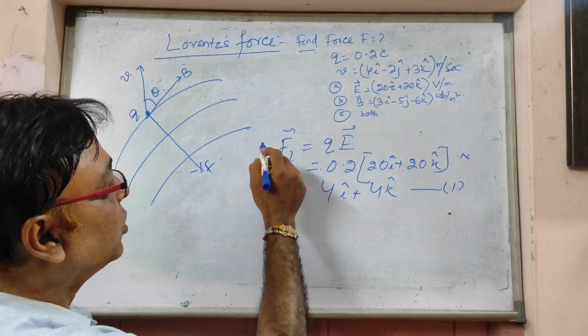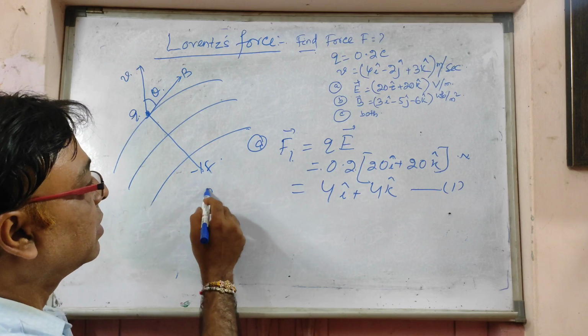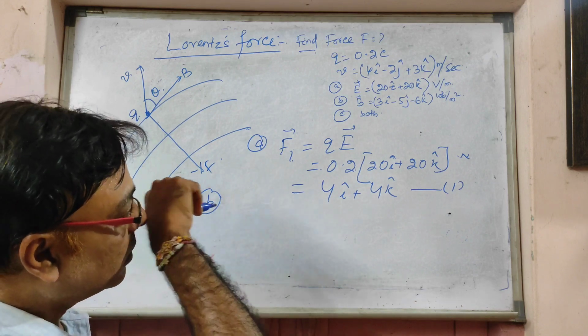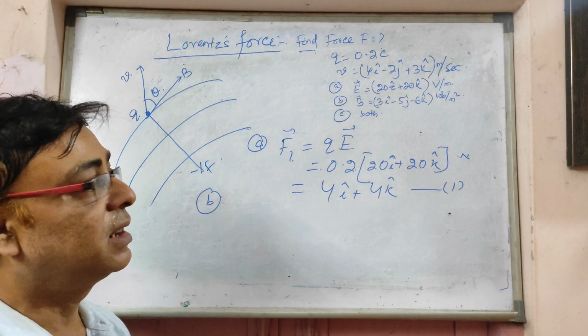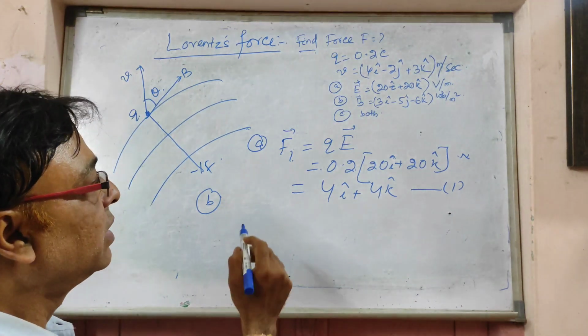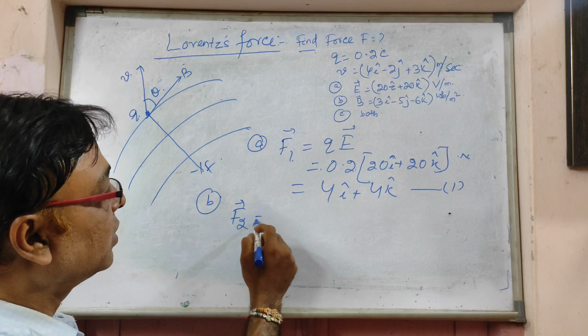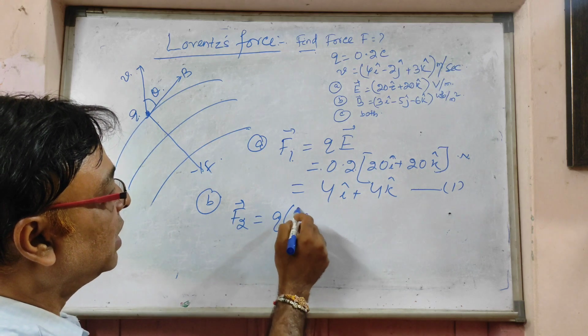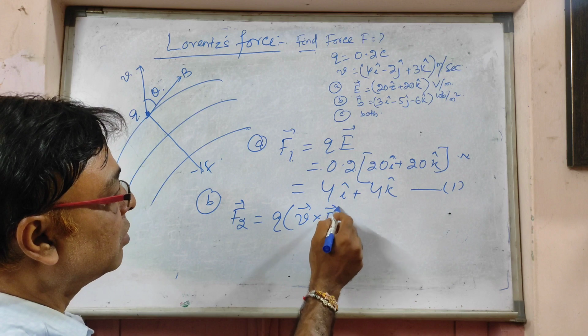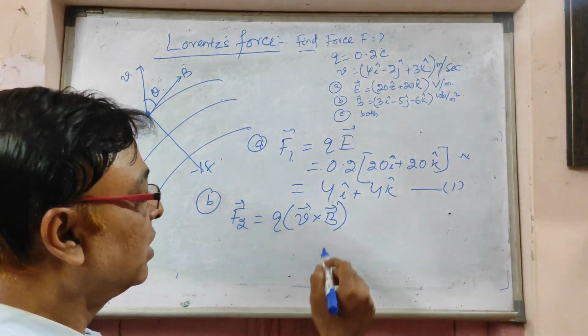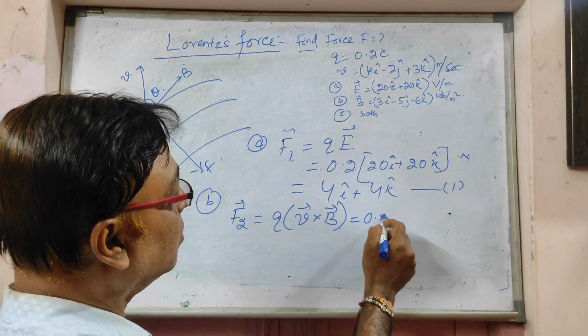Now for the second one, the magnetic field B is given. The force acting on the charge due to the magnetic field, F2, is given by Q into V cross B. That means we have to take the cross product of V and B. Q is 0.2 coulomb.